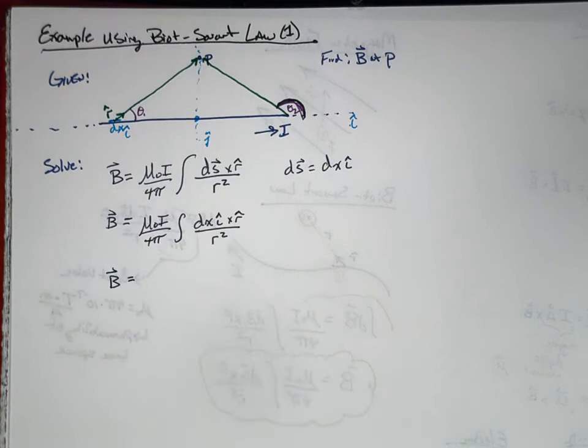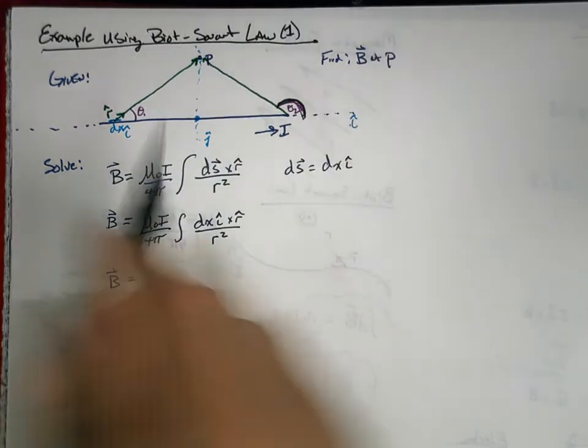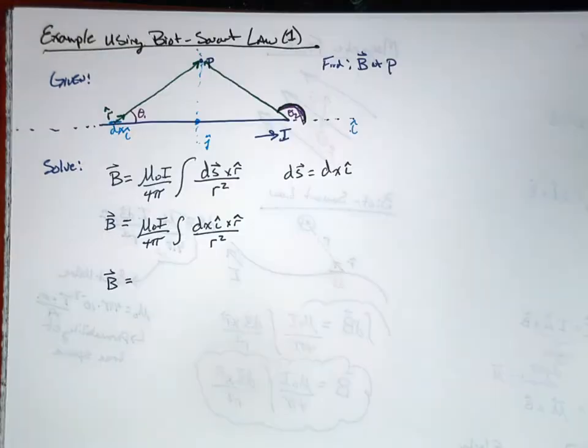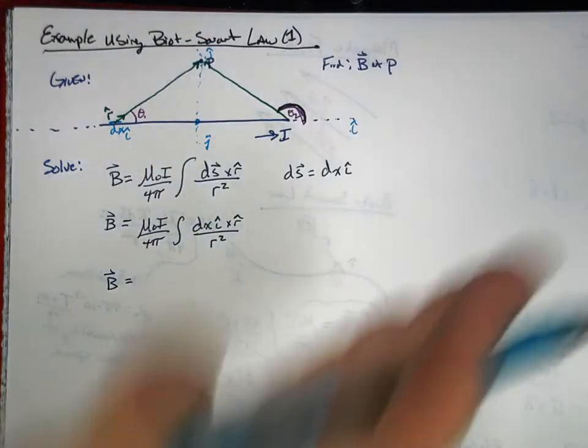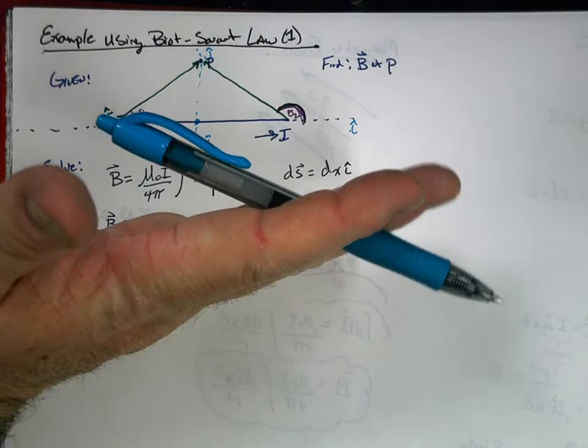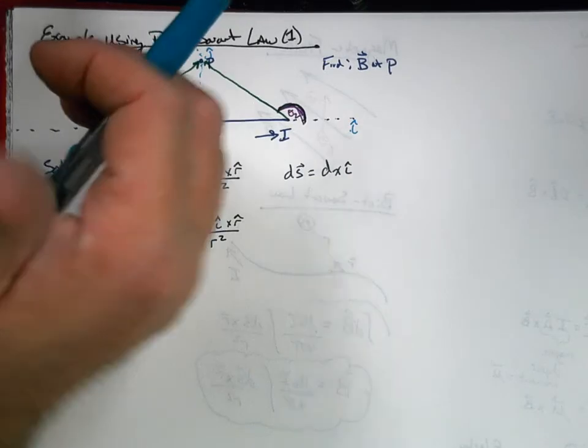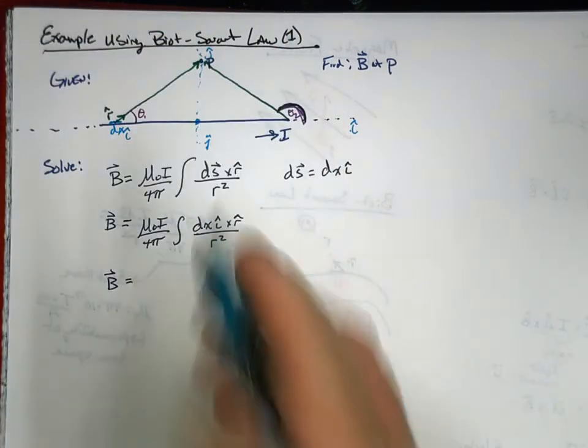And i cross r, by the way, if this is i and this is j up here, this is j hat, i cross r is going to give us up, which is k hat.